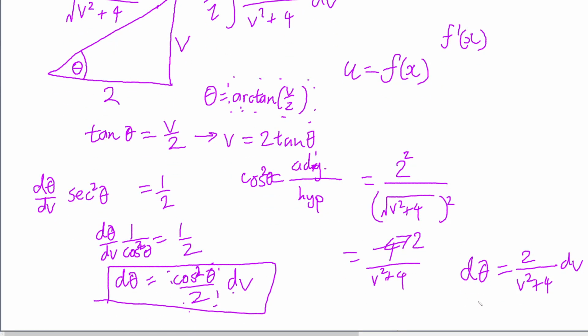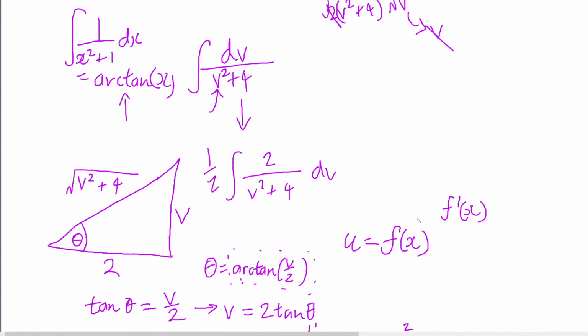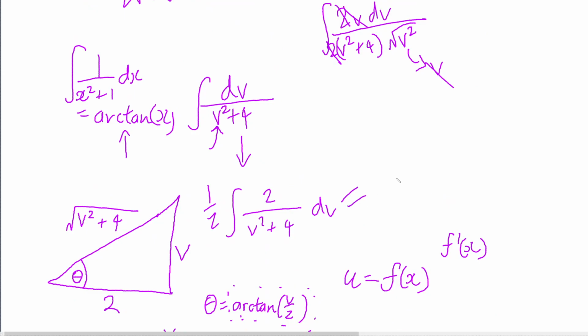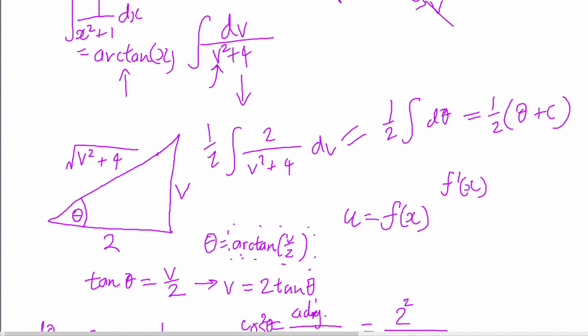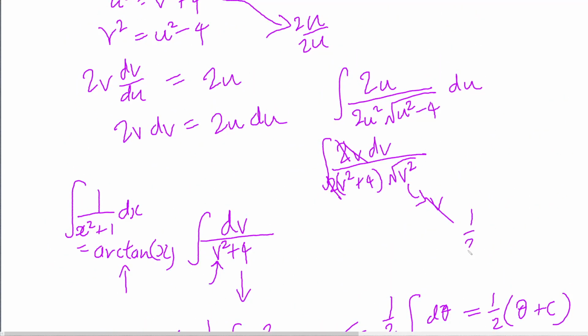So anyways, if d theta is equivalent to basically the entire integrand, then we can just find that this integral is 1 over 2 times the integral of d theta, which is 1 over 2 times theta plus c, or, knowing that theta is arctan v over 2, 1 over 2 arctan v over 2 plus c.